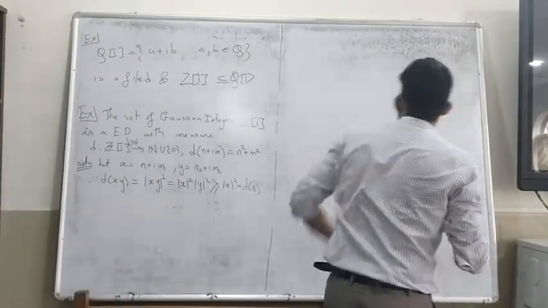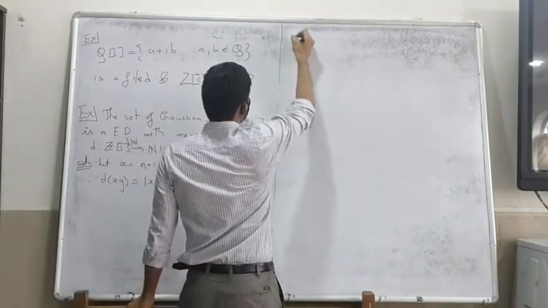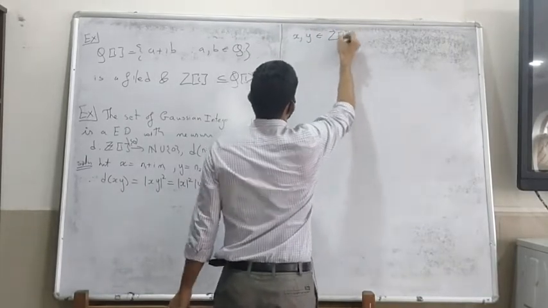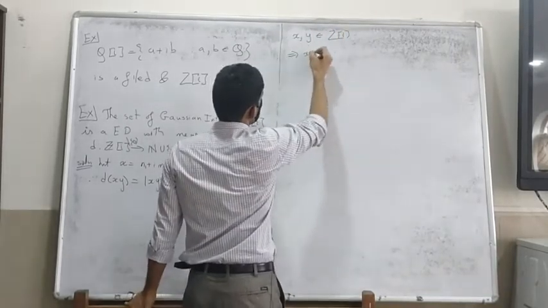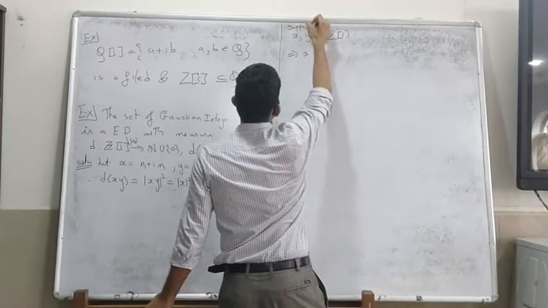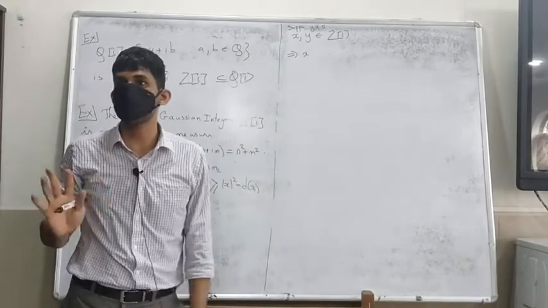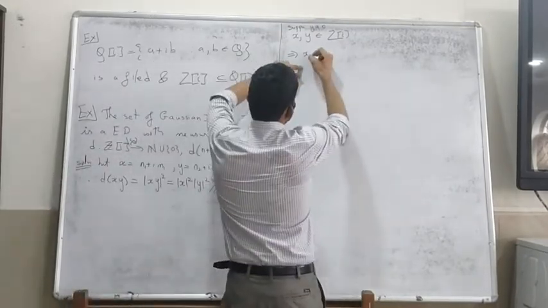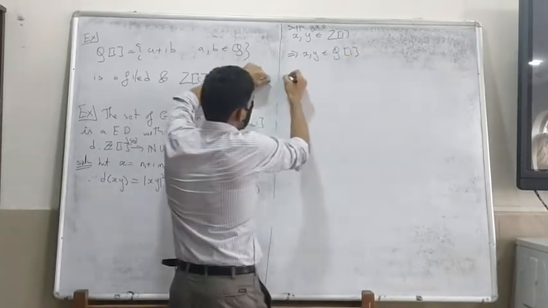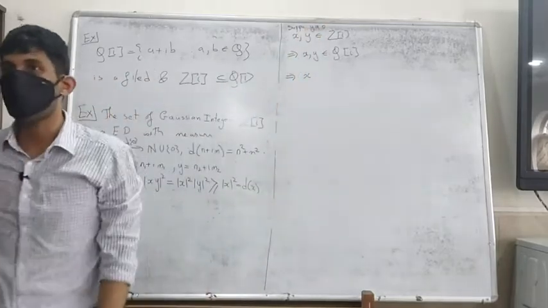So we know that x and y are in Z[i]. Suppose y is non-zero. I want to divide x by y, so I need to say y is non-zero. This will tell us that x/y is in Q[i], and if it is in Q[i], I can talk about the inverses of y in Q[i].